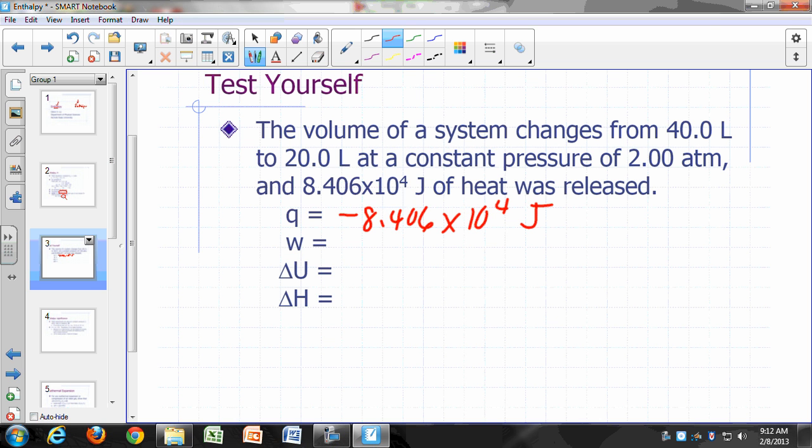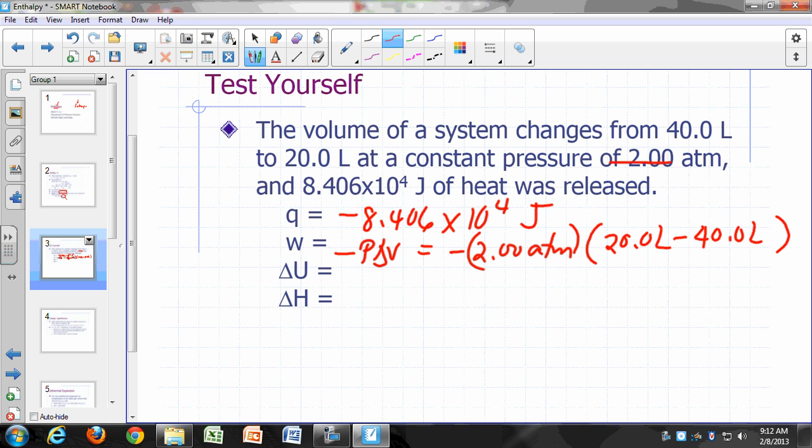What's our W? Minus P delta V, right? Constant external pressure of 2 atmospheres. So minus 2.00 atmospheres times what's our change in volume? Negative 20, right? So it's 20.0 liters minus 40.0 liters.